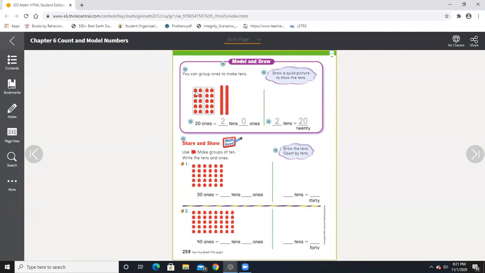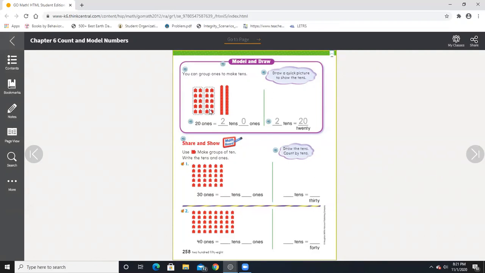So this first one has been completed for us. 1, 2, 3, 4, 5, 6, 7, 8, 9, 10, and then there's a circle around it. And here's another group. 1, 2, 3, 4, 5, 6, 7, 8, 9, 10.